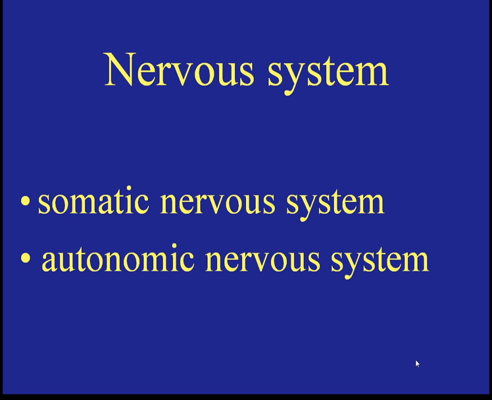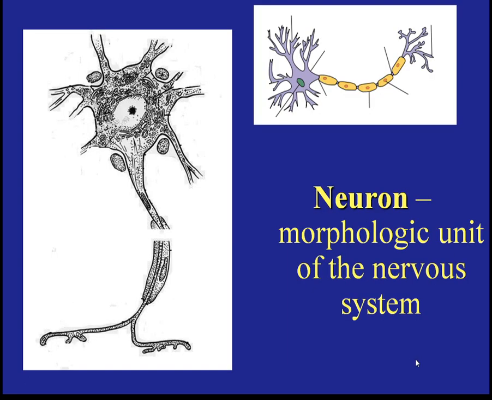And the second functional division is the autonomic or visceral or vegetative nervous system, which is responsible for the second function, the maintenance of all our inner process, work of all our inner organs, and our metabolism.